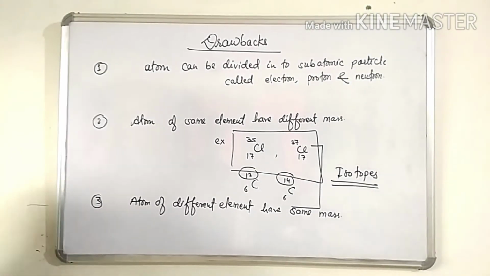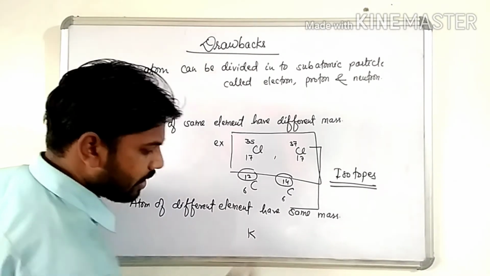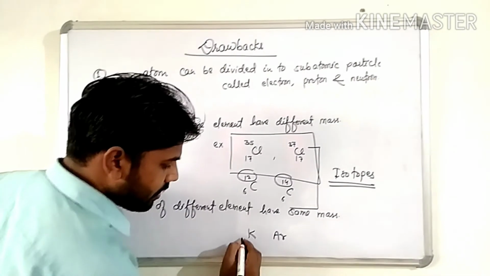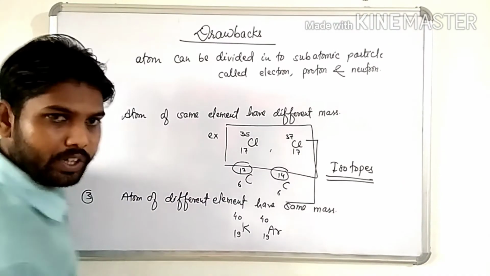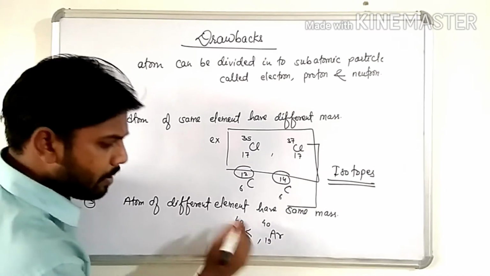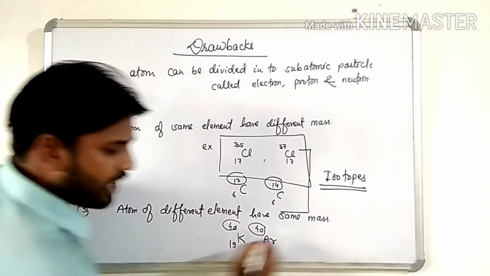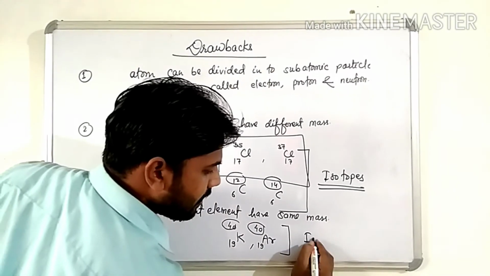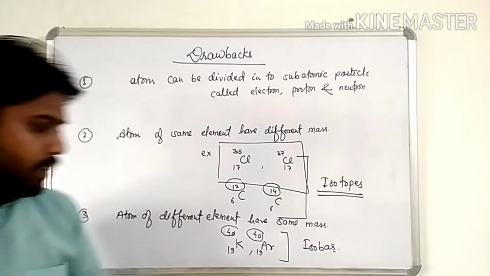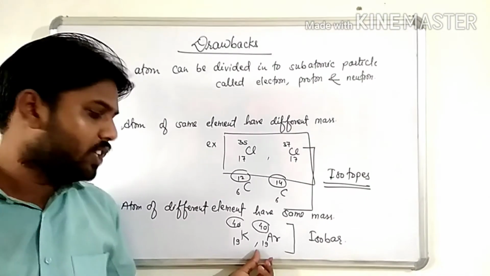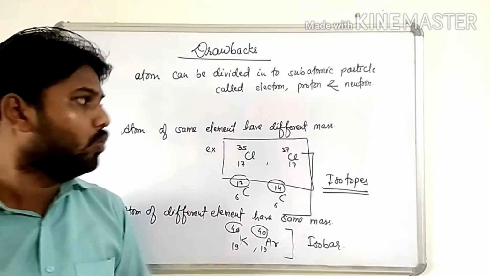For example, potassium and argon: 19, 40 and 18, 40. Both are different elements, but they show the same mass, and these are known as isobars. Those elements which, being different, show the same masses are called isobars.